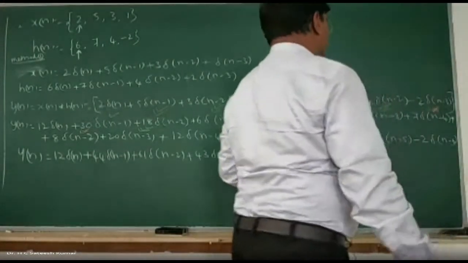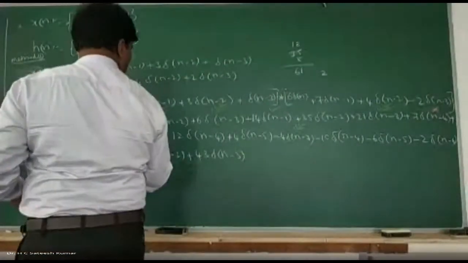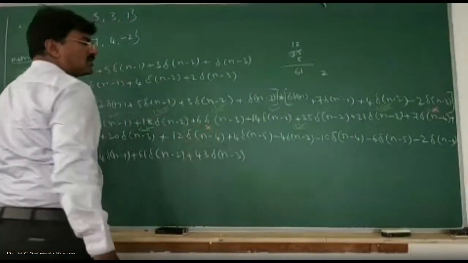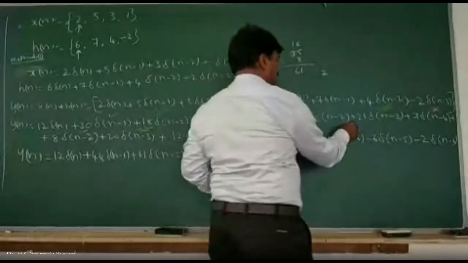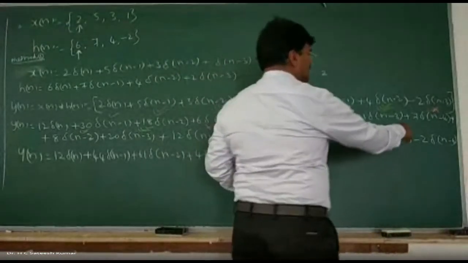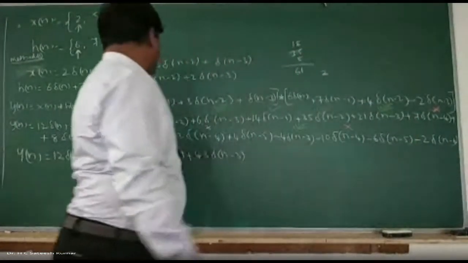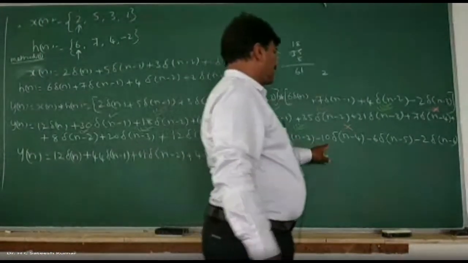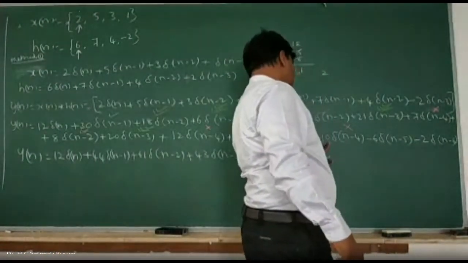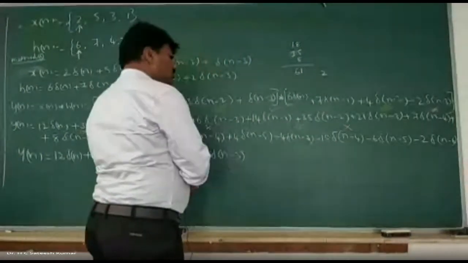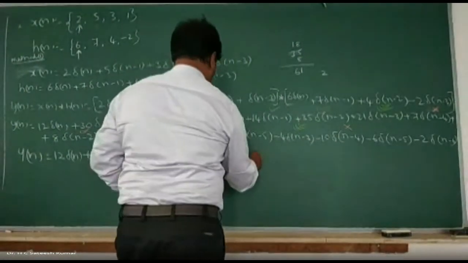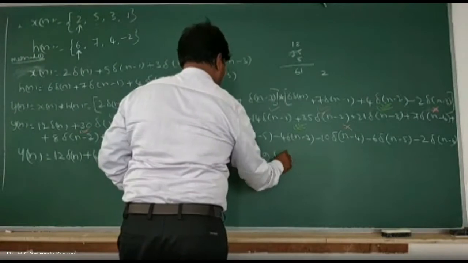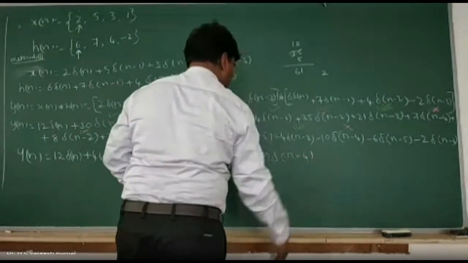Delta of n minus 4, 1 is there. 2 are there. 3 delta of n minus 4s are there. Add them. This is 7. 7 plus 12, 19. 19 minus 10 is what? 9. So therefore, what will I get? Plus 9 delta of n minus 4.